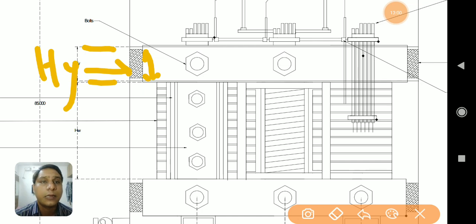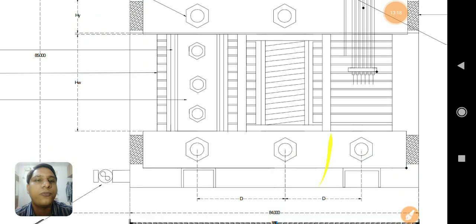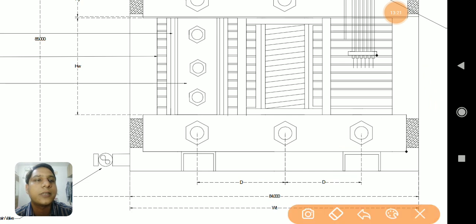Then like height of yoke, there is one more concept we have introduced, and we have gone through it in the calculation part of the design, that is height of window. I hope everyone is aware of what a window is. So this shape is representing height of window, HW. Apart from that, this part is again representing the height of yoke, HY.